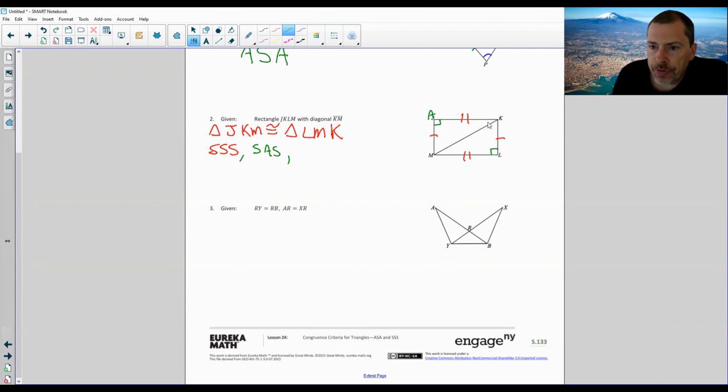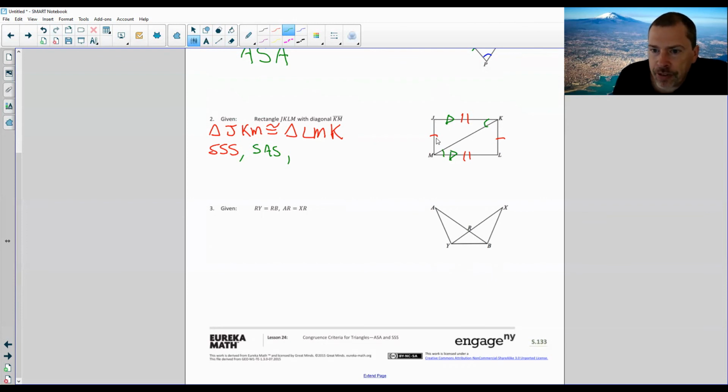And then similarly, let's erase this now and start over. Now I have a line here and a line here. LM is parallel to JK, and KM is a transversal. So therefore this angle here is congruent to this angle here because they're alternate interior angles. So angle LMK is congruent to angle JKM.